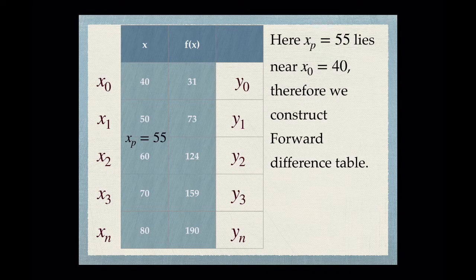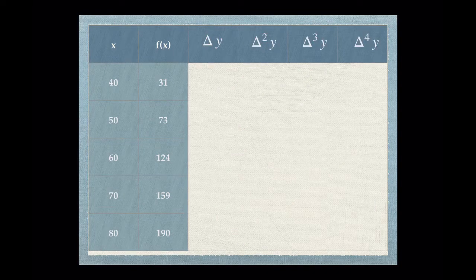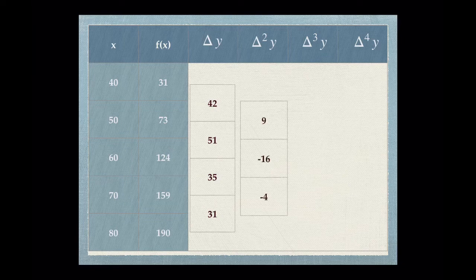Therefore, we need to construct the forward difference table. So our finite difference table is now a forward difference table, and we are supposed to consider the first elements.